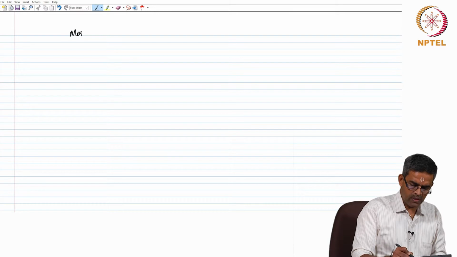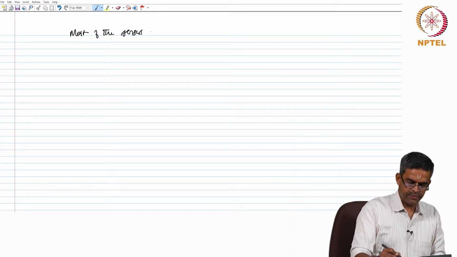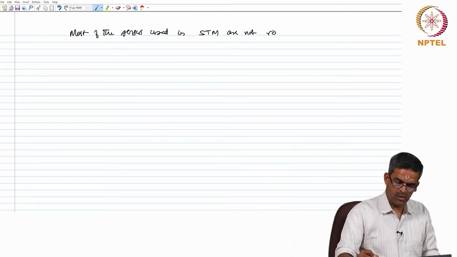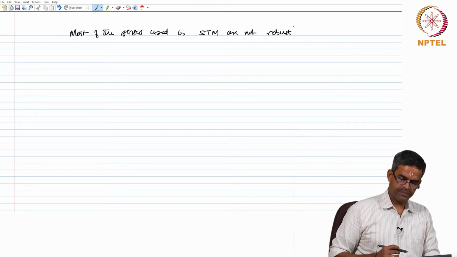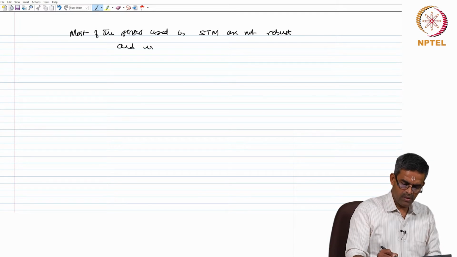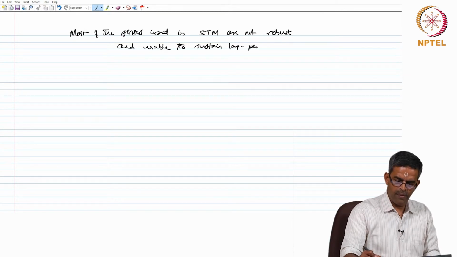Most of the sensors used in short term monitoring are robust and unable to sustain long periodic observations.